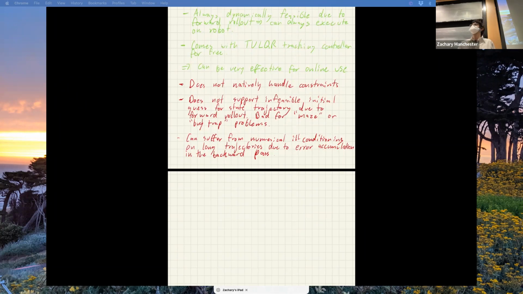Any questions about any of this stuff? What kind of problems can DDP not solve? A lot of problems. It can't solve any problem except for the one that I wrote down at the beginning of class. That's the only one it works on, right?